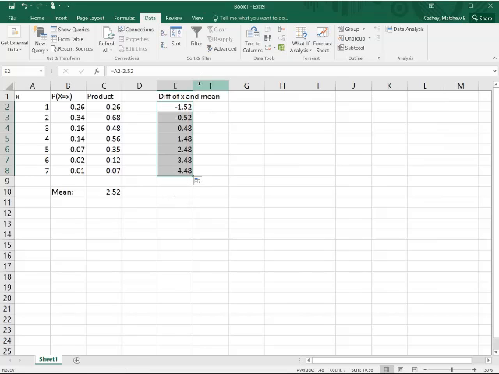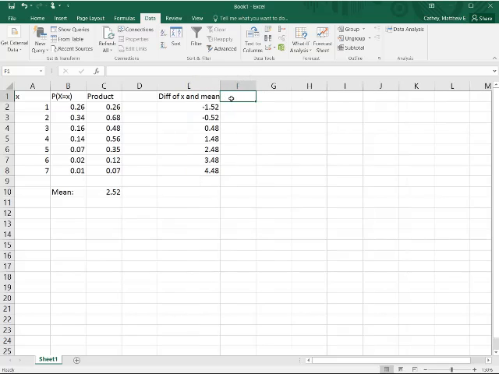Now, if you think back to that formula for the standard deviation, we need to take these differences and square them. So right here next door, we'll do equals that number on the left, and I'll do an exponent of 2.